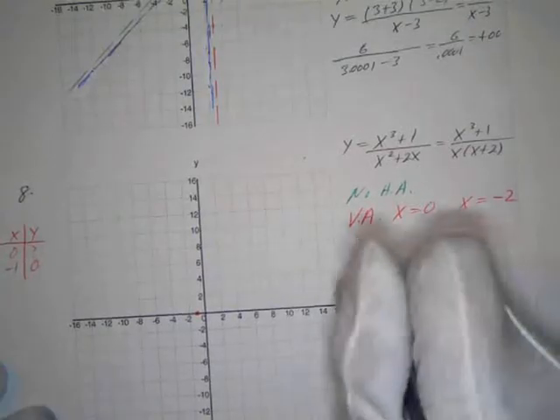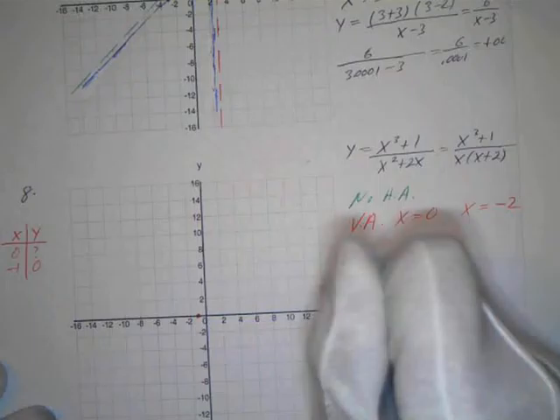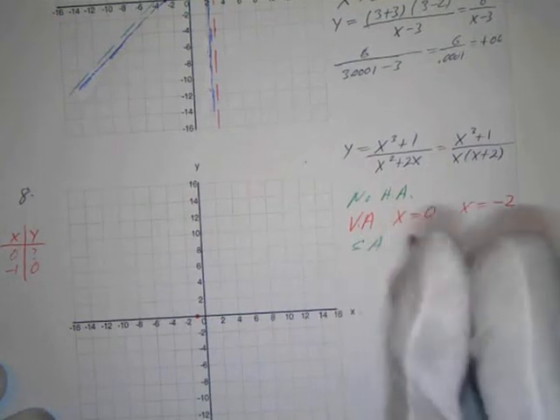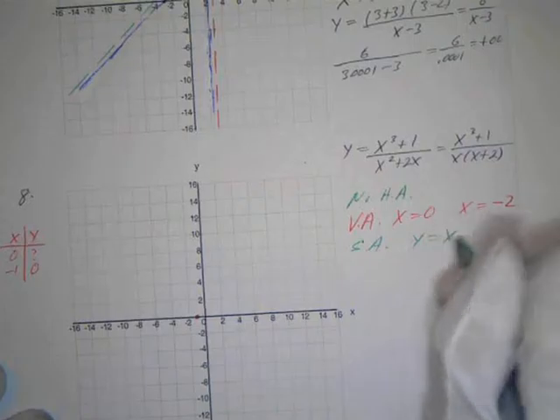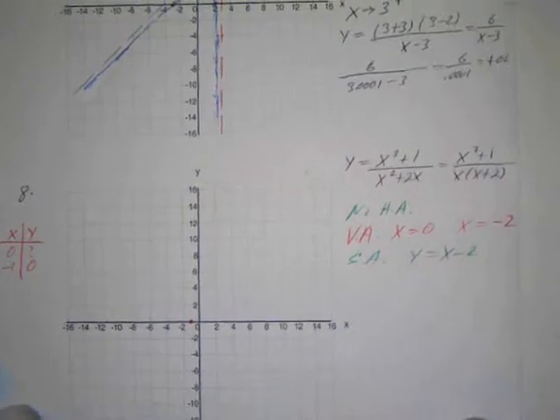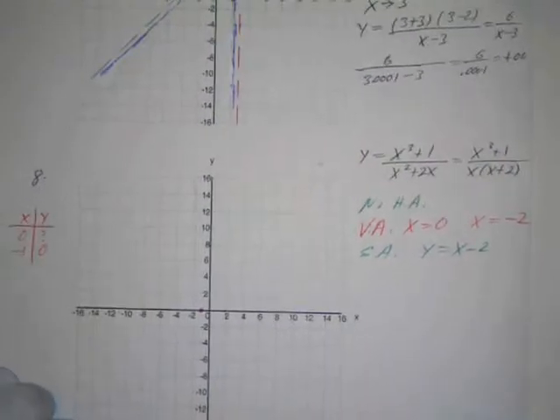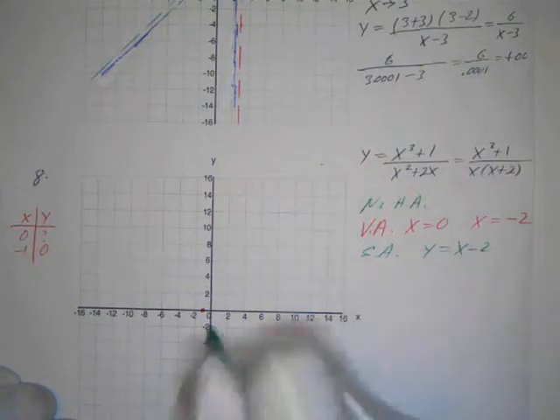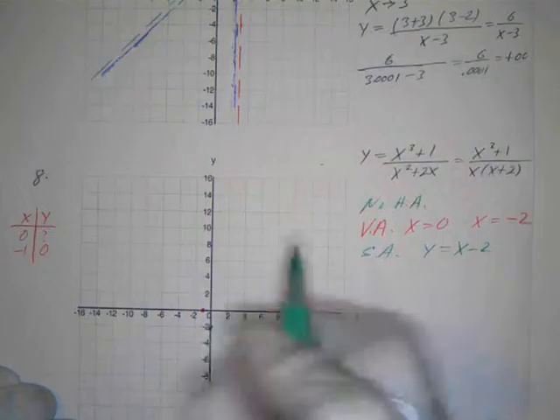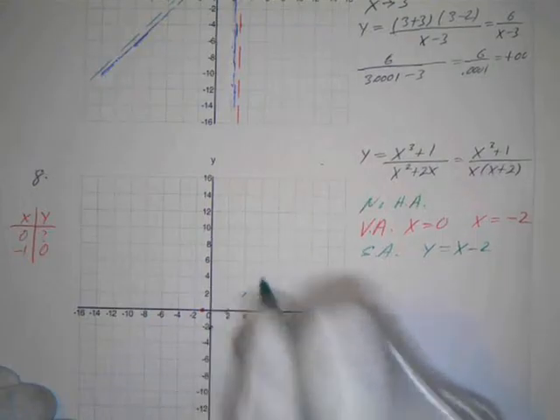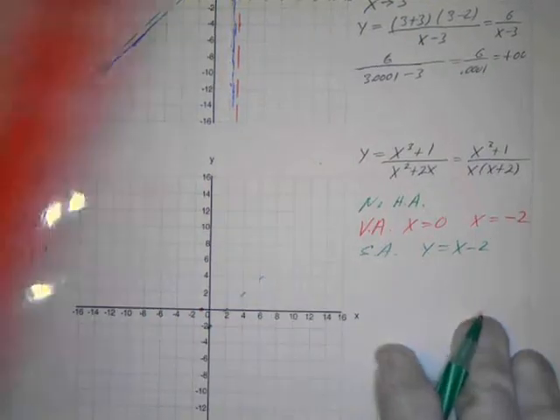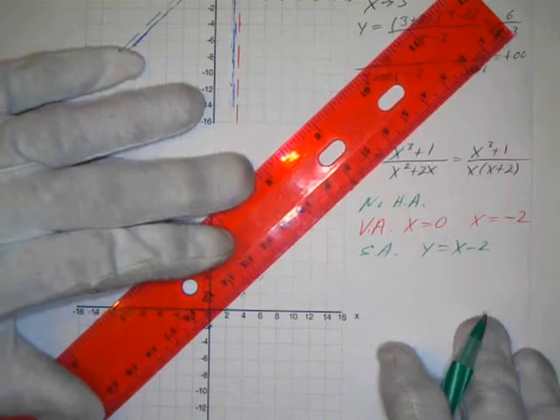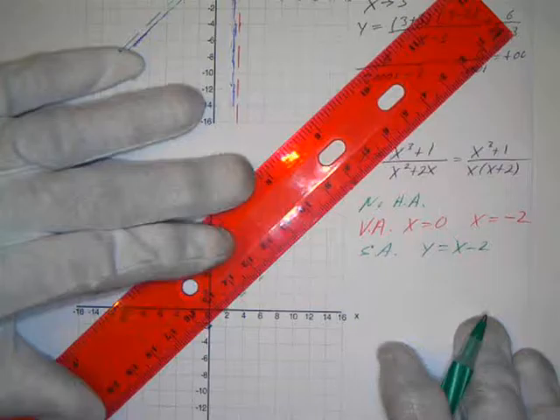So I'll call the asymptote, that's going to be x minus 2. So y equals x minus 2. So we could do that first, x minus 2. Again, the slope is up 1 over 1, and it's going to be starting at -2 to be the intercept. So that's what we've got, or up 2 over 2, the same difference, just going through -2.